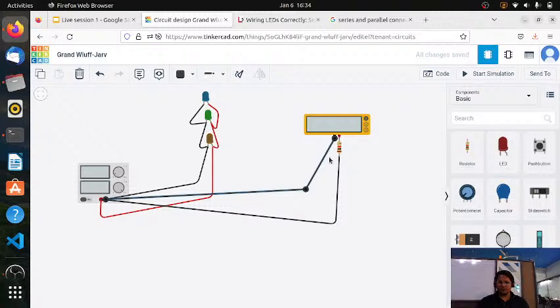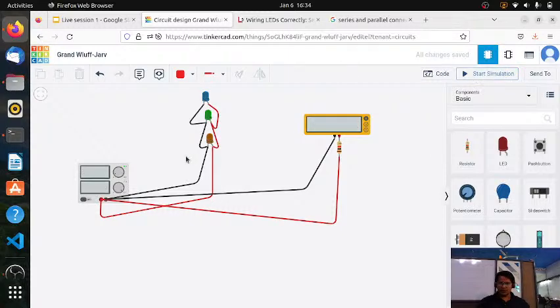Yes. So this is minus, this is plus. Let's change the color so that you won't be confused. Yeah. Let's measure. So 2 milliampere. Total current is 2 milliampere. Because we have used the resistor, that's why it is showing 2 milliampere. Otherwise, here you can see it is showing 36 milliampere.